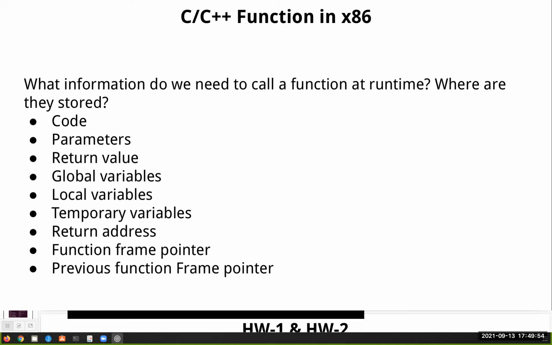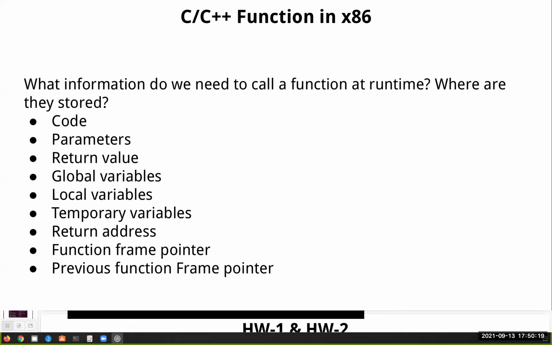Functions will return values, and there will be global variables shared by different functions. There will be local variables. There will be some temporary variables. There will be a lot of addresses, or even the return address of the function that called the current function. And there are function frame pointers and previous function frame pointers.